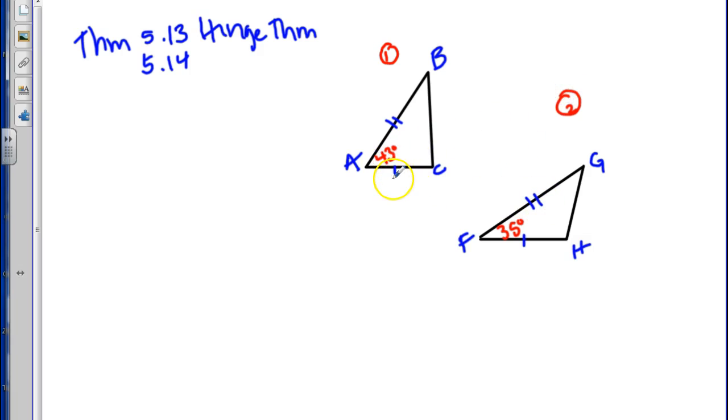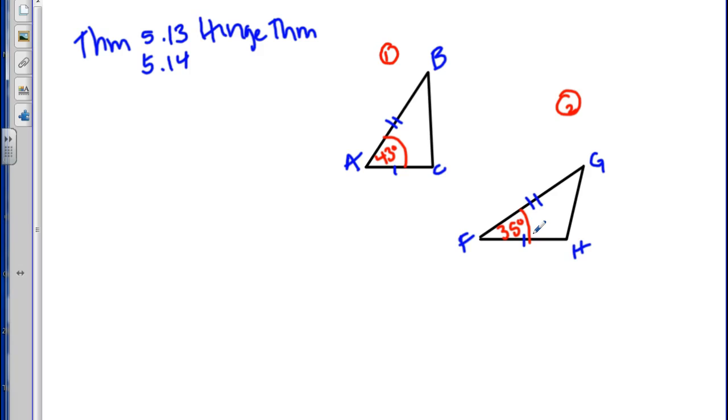I have side AC in triangle number 1 congruent to side FH in triangle number 2, and I have the angle between those two sides, the included angle. It has to be the included angle for this hinge theorem. So we could not talk about B and C, or G and H. We can only talk about A and F because we're given sides AB and AC congruent to FG and FH. So we have to talk about angles A and F because they are between those two sides.